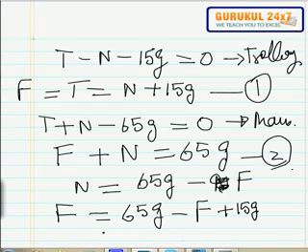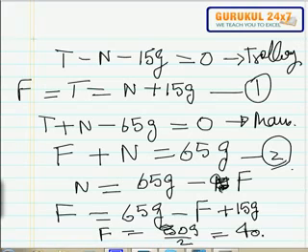So from here we'll have F equals 80g divided by 2, or 40g. g is the acceleration due to gravity.